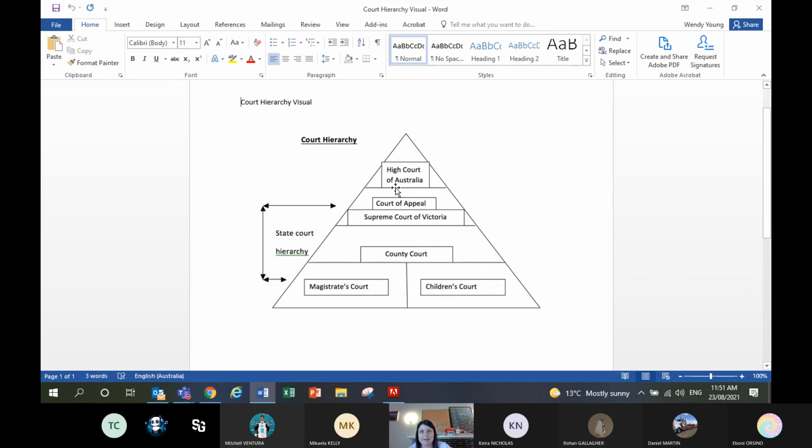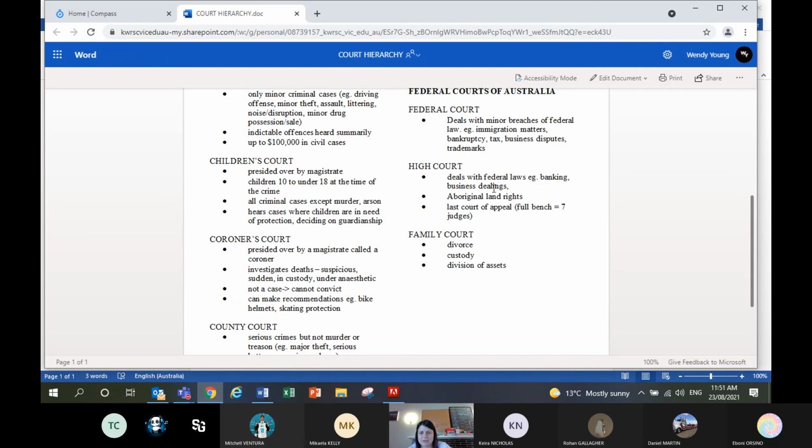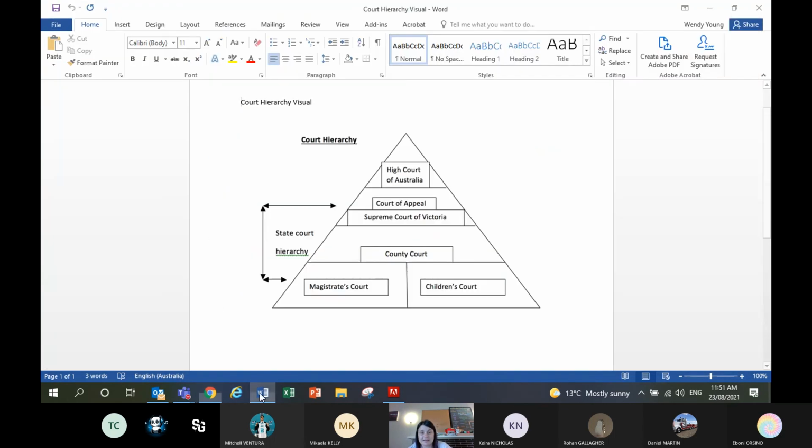That decision there will be final on whatever it is that they decide. And have a look here. They can have up to 7 judges listening to that case. That's a lot. So, like I say, that's at the top. There's nowhere else further to take it from there.